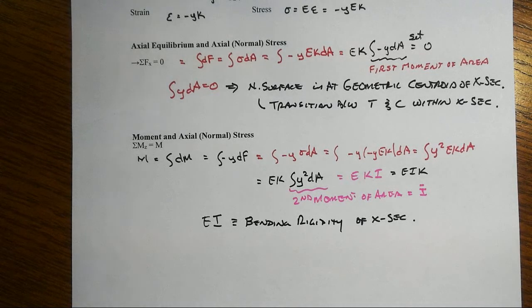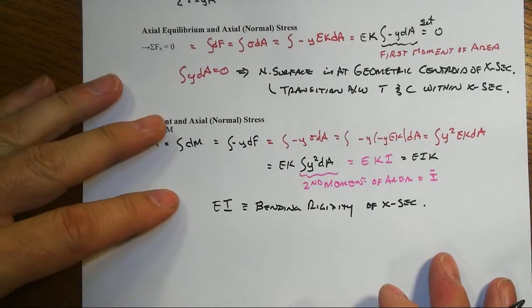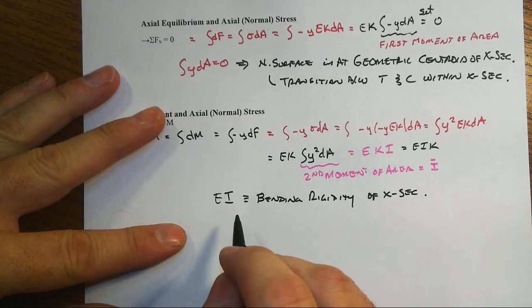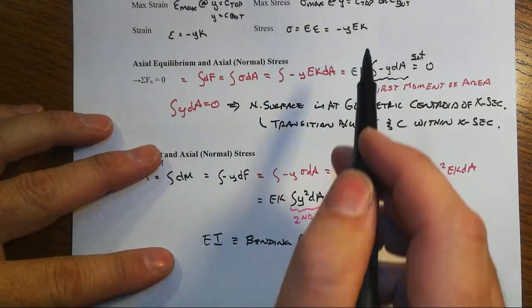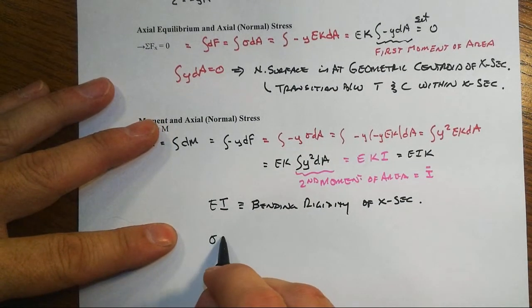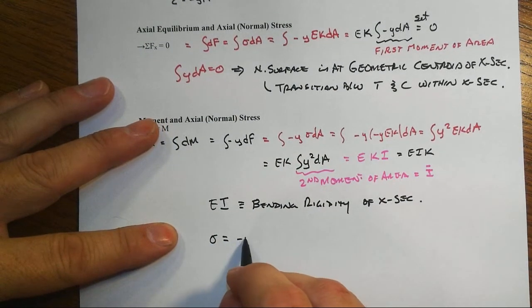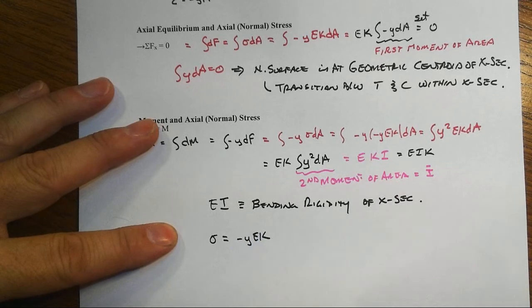We have one last little part that we need to do to get to the most famous of expressions, the one that really matters here for us. Well, they all matter, but you're going to say this one really matters. Let's go back to our basic stress-curvature relationship. Our bending stress equals minus yE kappa.